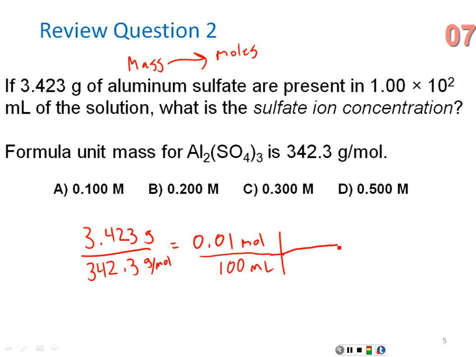To do that, we multiply by a conversion factor, again 1,000 milliliters per 1 liter. What we get out is 0.1 moles per liter. It's important to remember that this is referring to moles of aluminum sulfate.